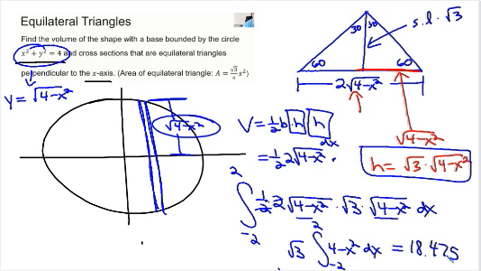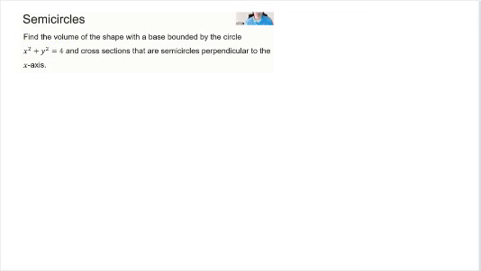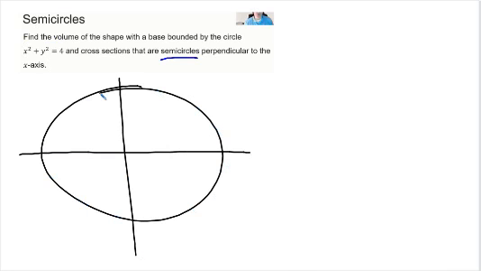All right? And then the next problem, which we don't have to spend a whole lot of time on, is just the same problem, all right? But now our cross sections are semicircles. Okay? So it's still a circle, but what I'm slicing off is a semicircle.